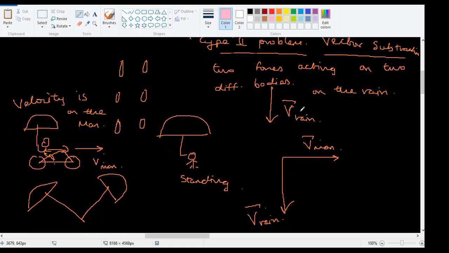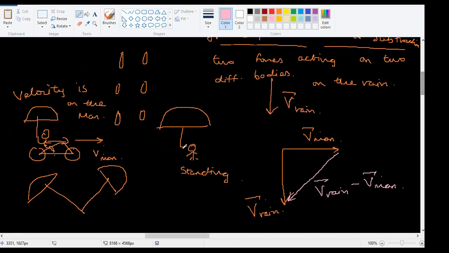So that means, carefully take it down. This will be the velocity of the rain with respect to the man. You should put a vector symbol. What this tells you is, listen carefully.